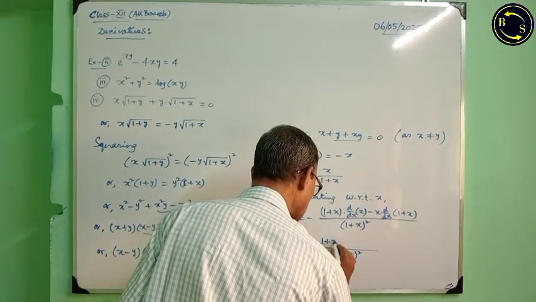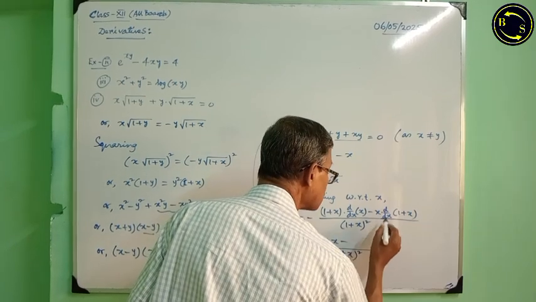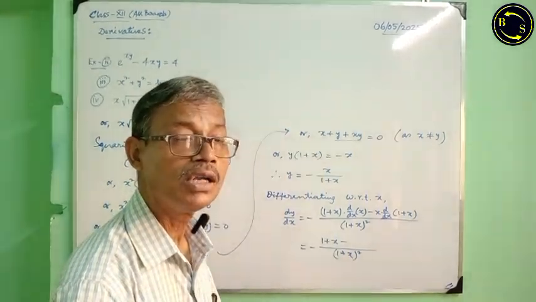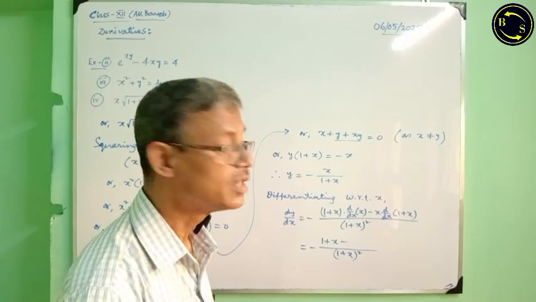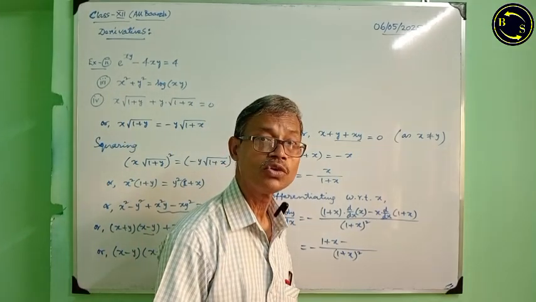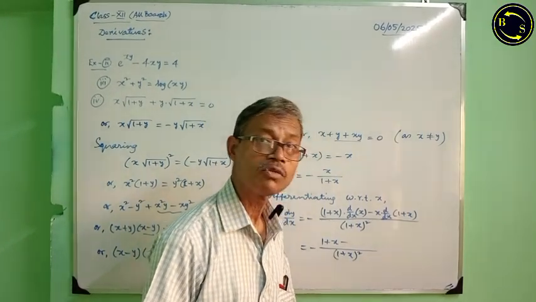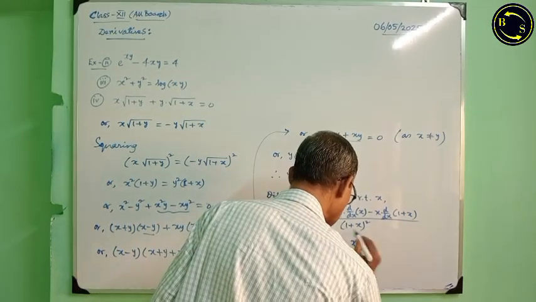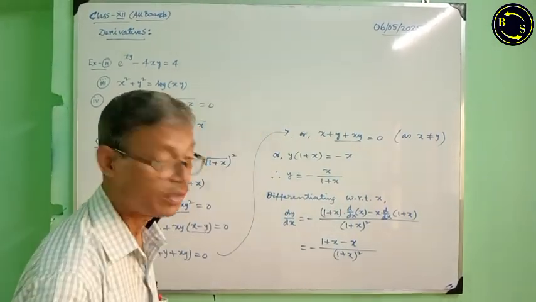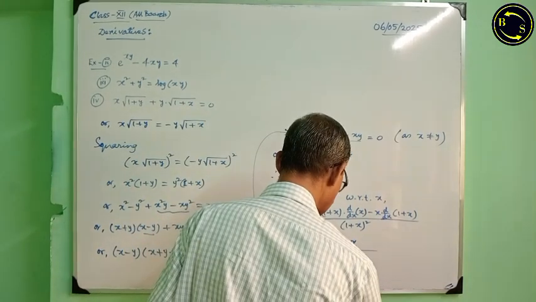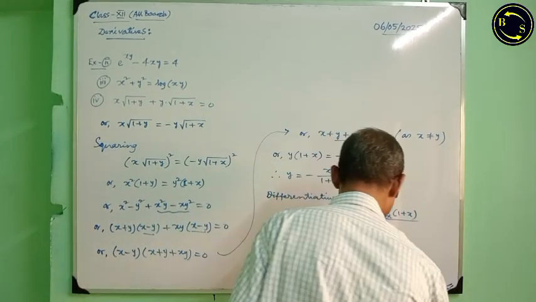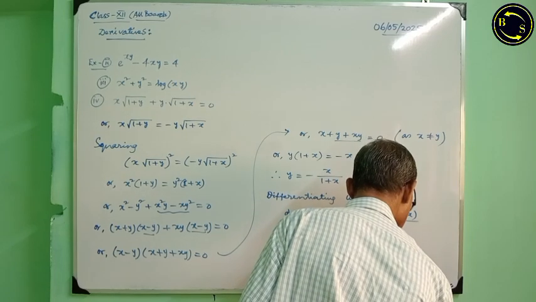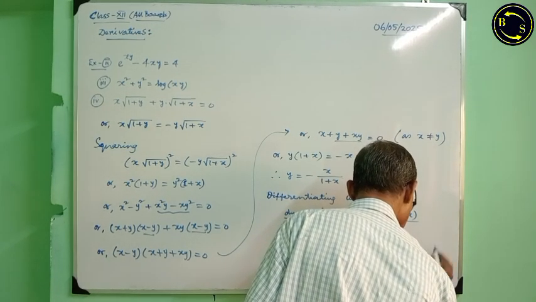Therefore, this becomes 1 plus x minus x into derivative of 1 plus x, that is equal to ddx of 1 plus ddx of x. Now ddx of 1 is 0 and ddx of x is 1. Therefore, finally it is x into 1. Now these x's are cancelled. Therefore, minus 1 by 1 plus x whole square.